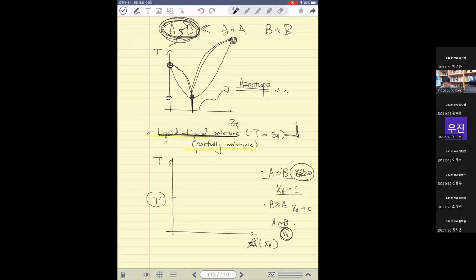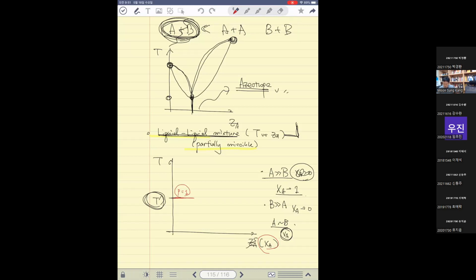And in this phase diagram, you can present this information like this. When XA is small, they're going to form a single phase. What I mean by this is that they are going to mix well.